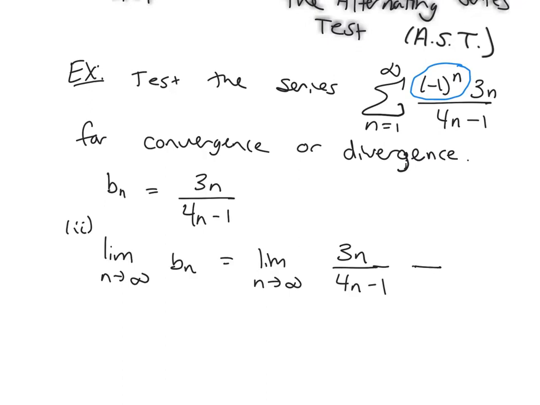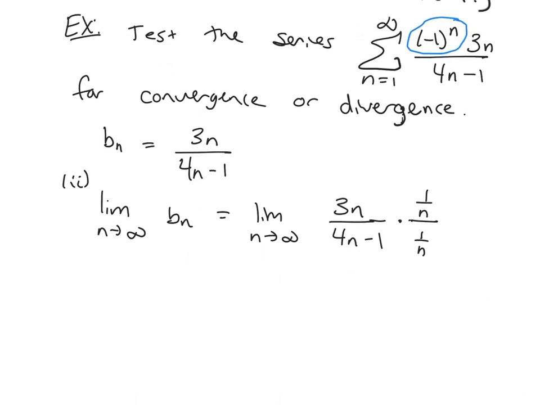In the numerator, my highest degree is 1. In the denominator, the highest degree is 1. So I multiply top and bottom by 1 over n and distribute. 3 over 4 minus 1 over n, and that limit is now going to be 3/4.